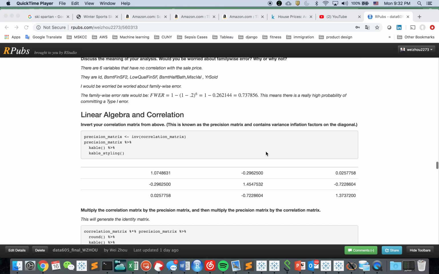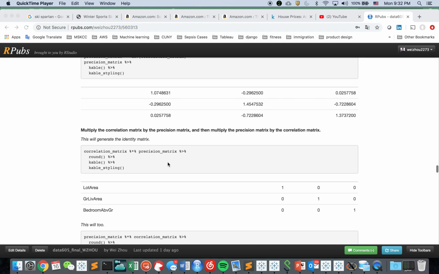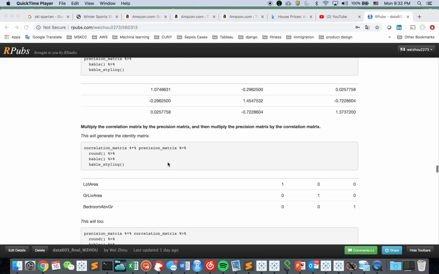Okay, the 2.3 question is invert your correlation matrix from above. Here I'm using the inverse function to invert the matrix and multiply the correlation matrix by the precision matrix, and then multiply the precision matrix by the correlation matrix.